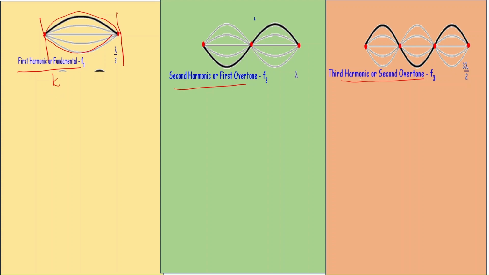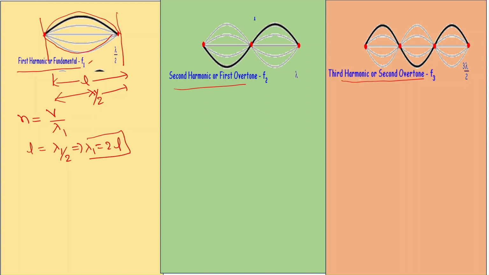In the length L it produces wavelength lambda by 2. Then the frequency formula n is equal to V by lambda 1 because it is the first harmonic, so I mention lambda 1. From the diagram, L is equal to lambda 1 by 2. This implies lambda 1 is equal to 2L.